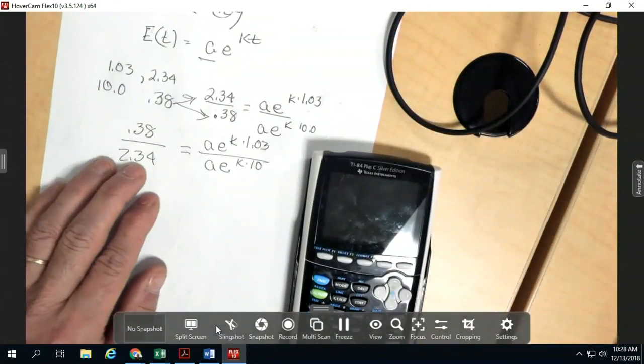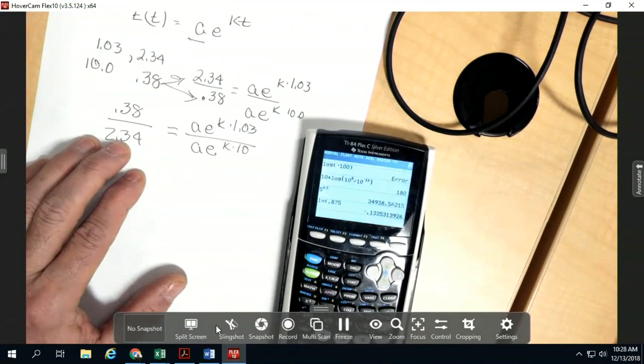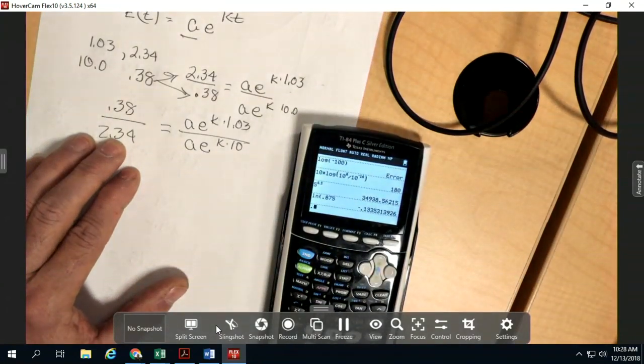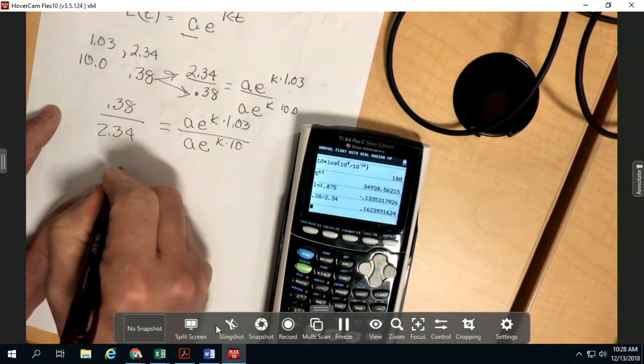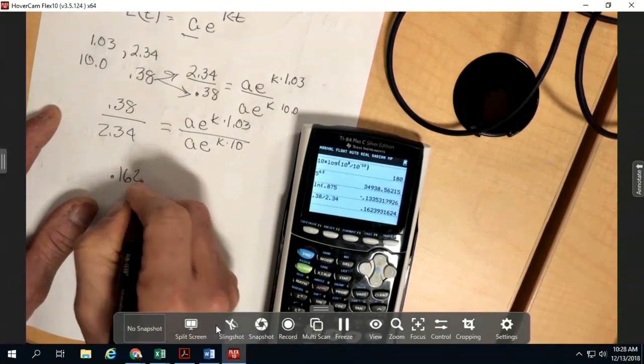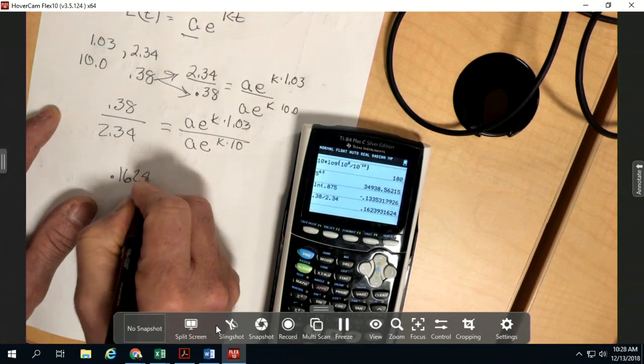So if I take 0.38 divided by 2.34, I get 0.1624.